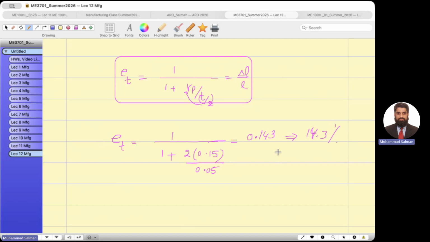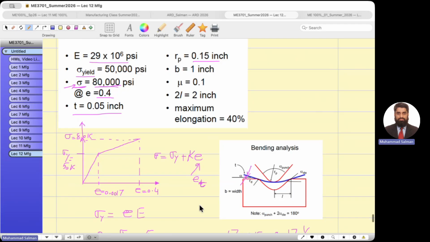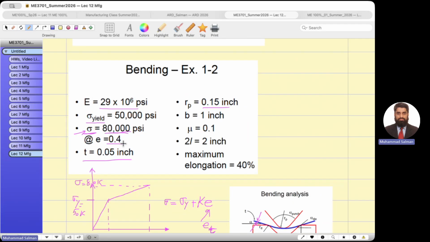For a punch radius of 0.15 inch, you can achieve this much stress at the neutral axis. It's like E tensile. Now make sure it doesn't go above 0.4. If it goes above 0.4, it will start fracturing from the bottom.